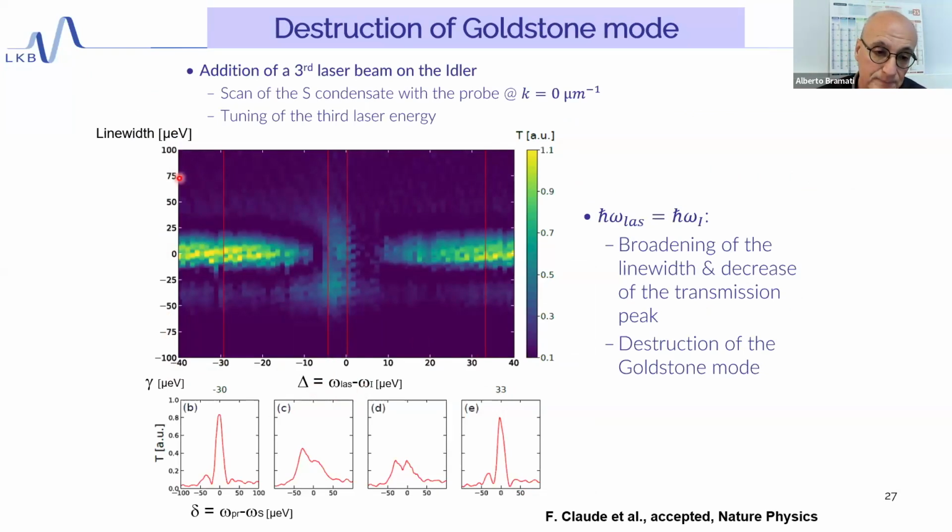We can see that when this detuning is quite large, the third laser does not fix the phase because it's too far from the frequency of the idler, so the injection is not effective. And then we still observe a narrow peak because the system still undergoes a spontaneous symmetry breaking.